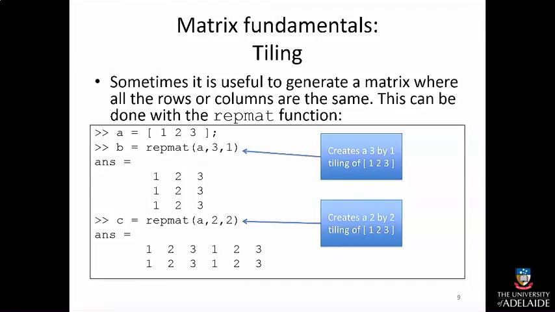What is A? 1, 2, 3. Imagine this to be a single tile. Then you would get 3 rows of tiles and a single column of tiles. In the next one, you need a 2 cross 2 tiling. So you have now 4 tiles here, 2 rows and 2 columns.